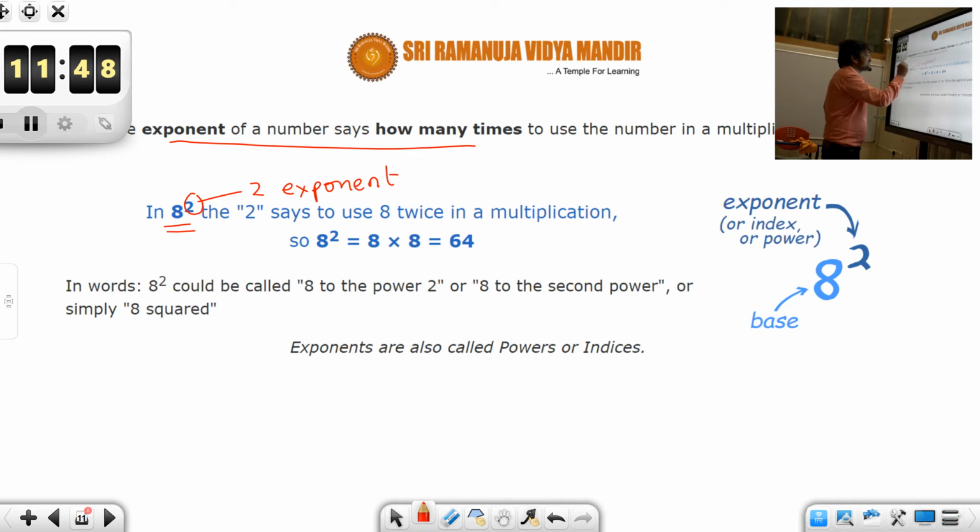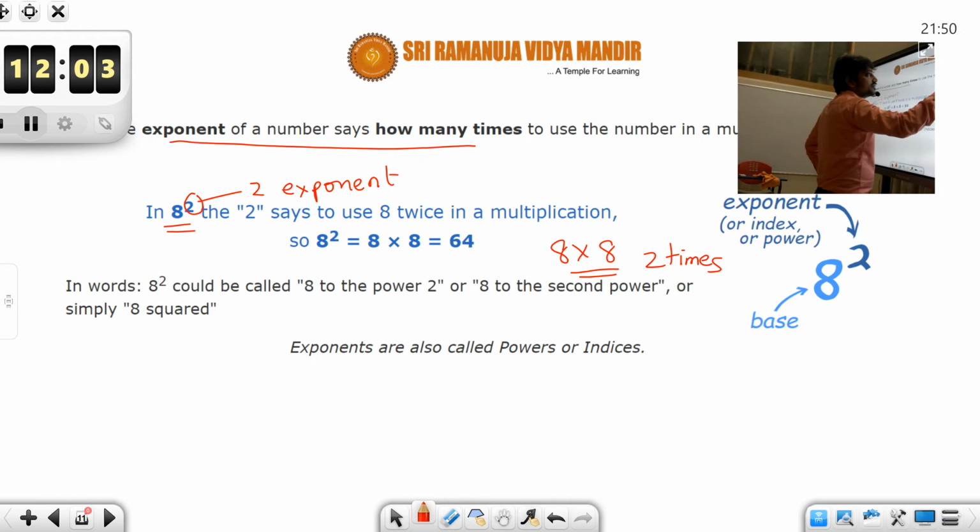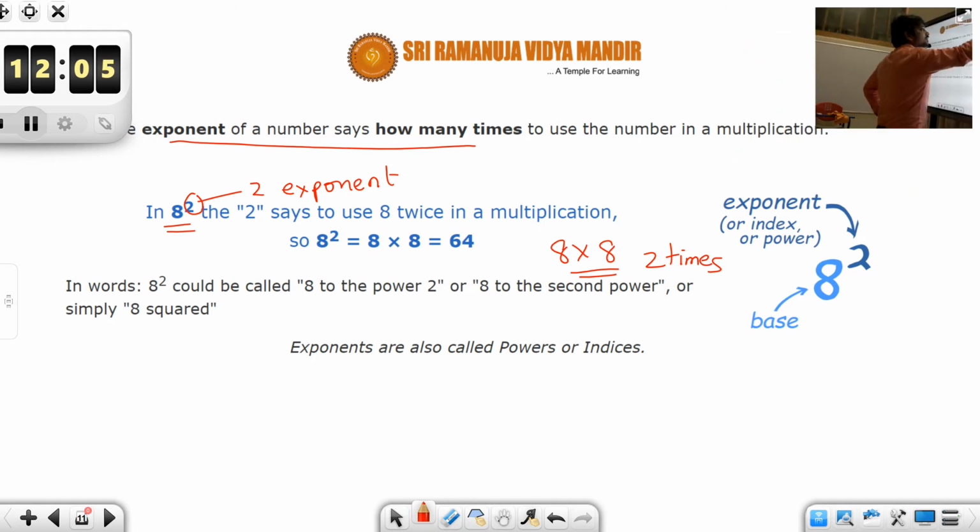So here, what does this 2 state? It states that we need to multiply 8 with itself how many times? 2 times. Okay students, what does an exponent say? It says how many times we need to use the number in a multiplication.